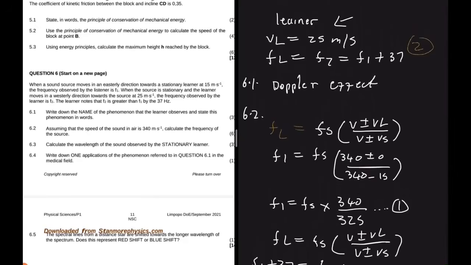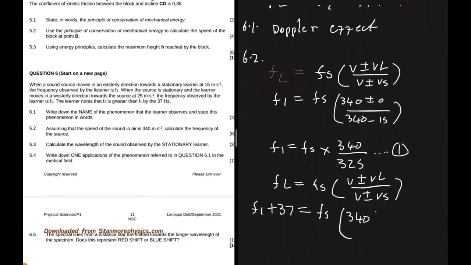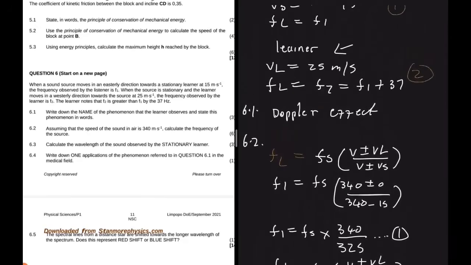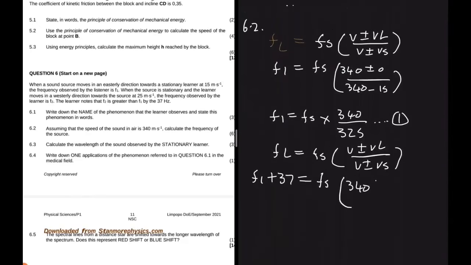So what is the velocity of the listener? The velocity of the listener is said to be 25 meters per second, right? So we're going to have plus 25 meters per second divided by 340 minus or plus 0, right? Because the sound source is now stationary.